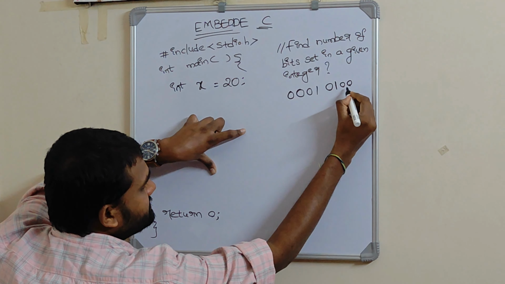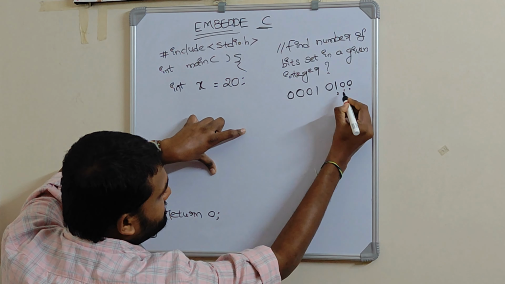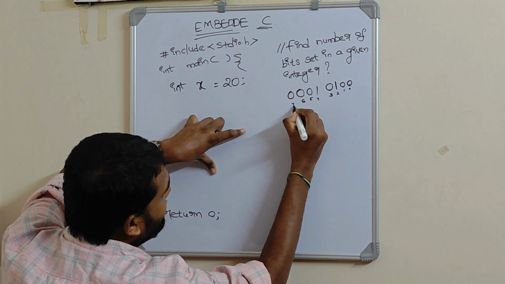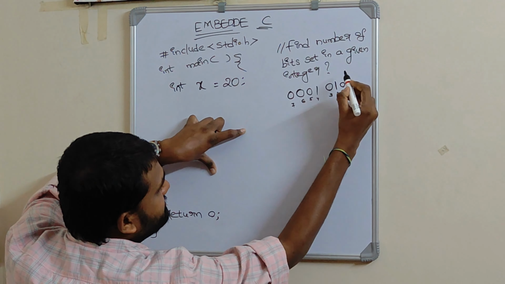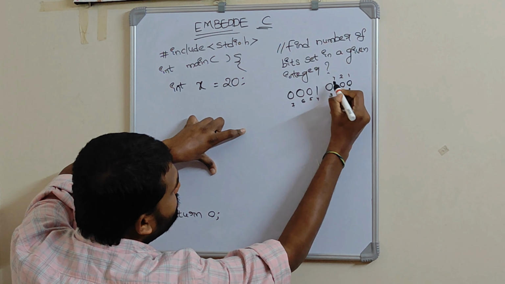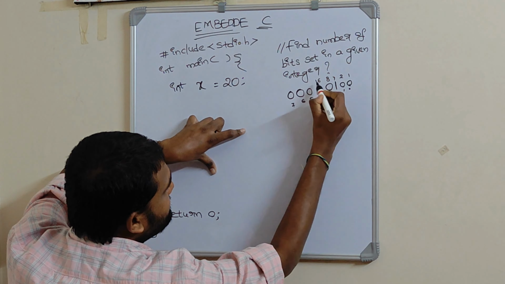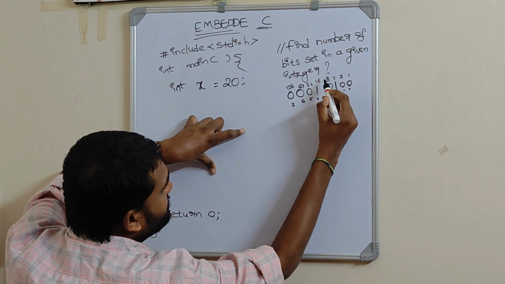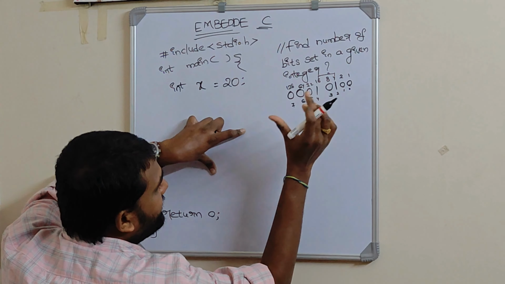This is the 0th bit, first bit, second bit, third bit, fourth bit, fifth bit, sixth bit and seventh bit. Total 8 bits. The values are 1, 2, 4, 8, 16, 32, 64, 128. So 16 plus 4 is 20.